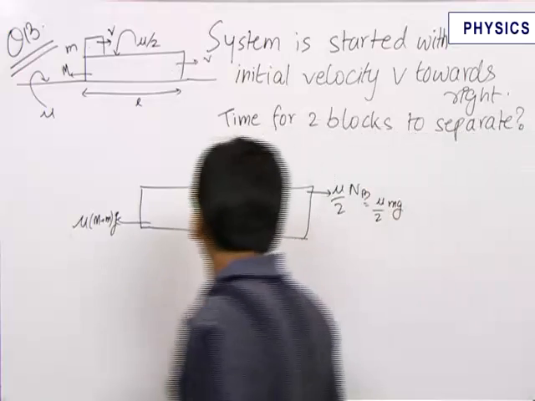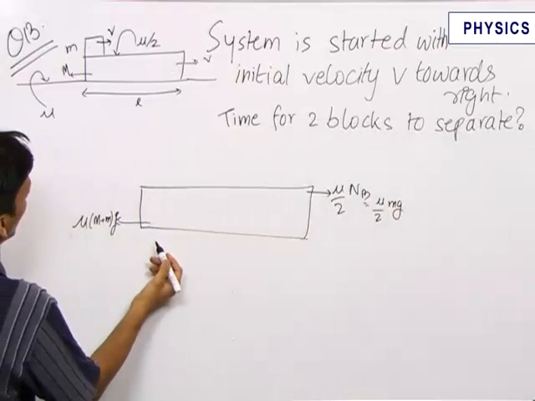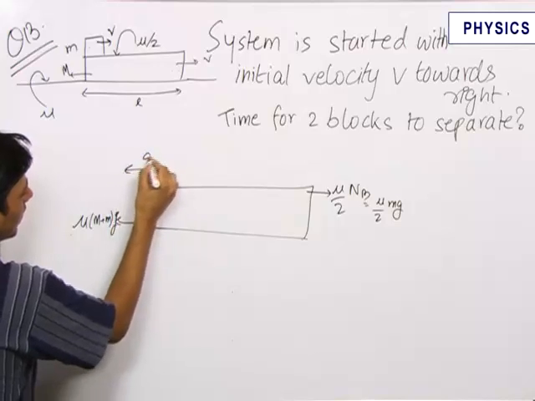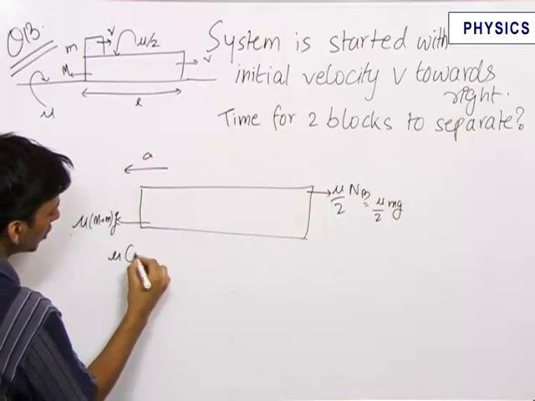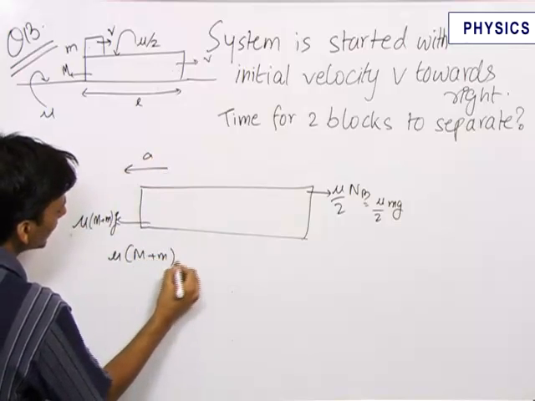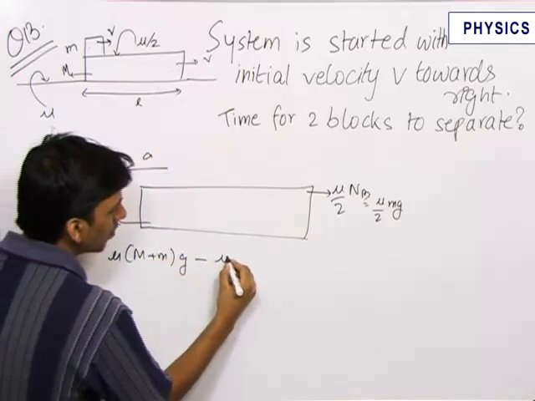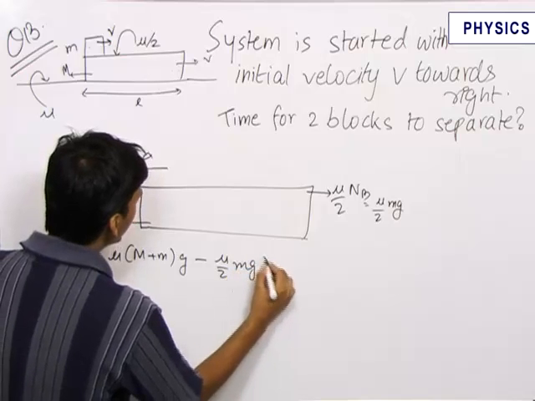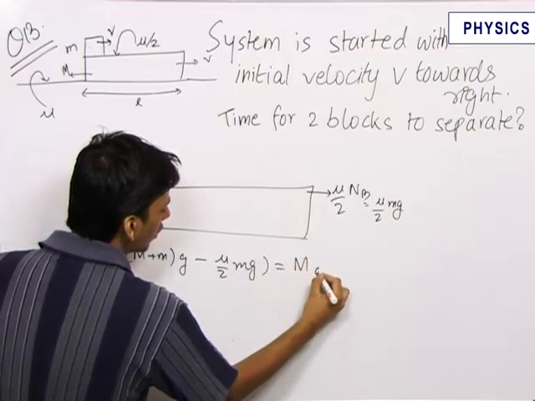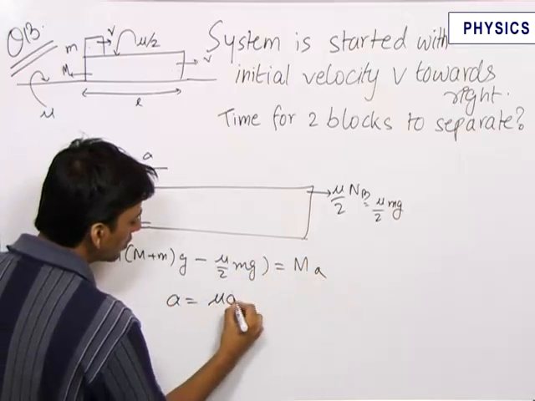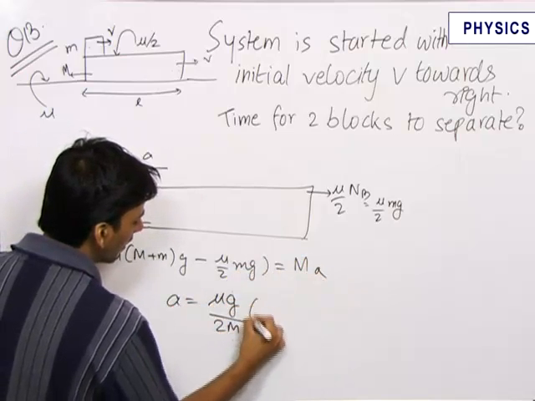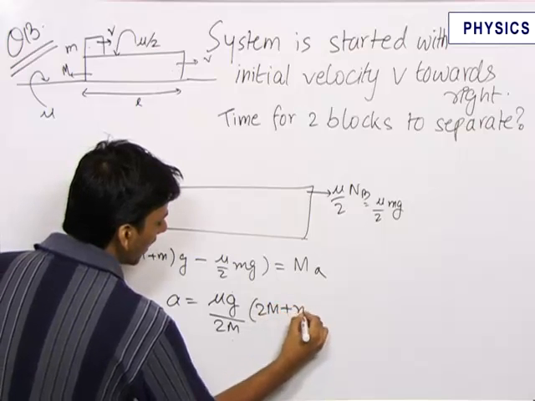Now the acceleration of the lower block is in this direction, let it be a. So we write the equation as mu into (M plus m) g minus mu by 2 into mg is equal to capital M into a. We solve this to get acceleration equal to mu g upon 2M into (2M plus m).